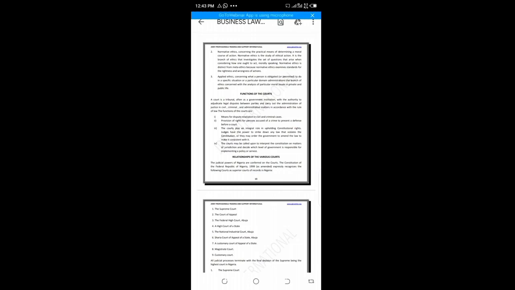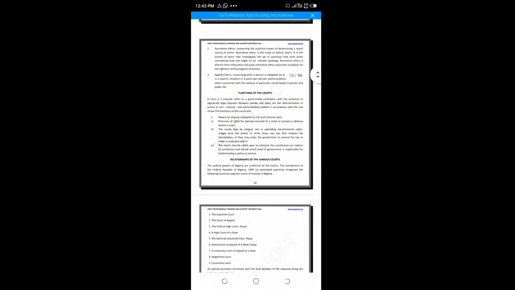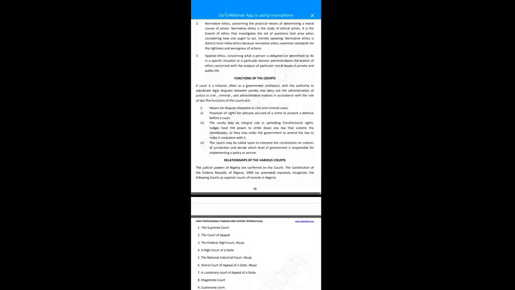Judges have the power to strike down any law that violates the Constitution, or they may order the government to amend the law to make it consistent. The courts may also be called upon to interpret the Constitution on matters of jurisdiction and to decide which level of government is responsible for implementing a policy or service.